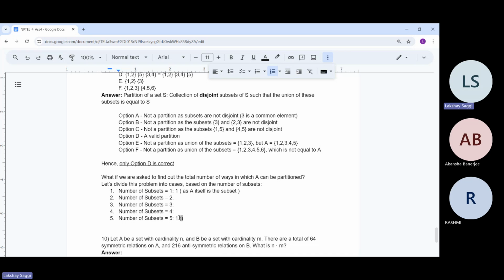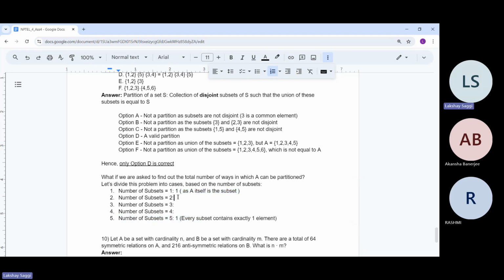And this is because there are 5 elements, so every subset contains exactly 1 element, right? So one subset is {1}, second subset is {2}, third is {3}, fourth is {4}, and fifth is {5}. So the cases where the number of subsets is 1 and 5 are handled. These are the important cases for us.